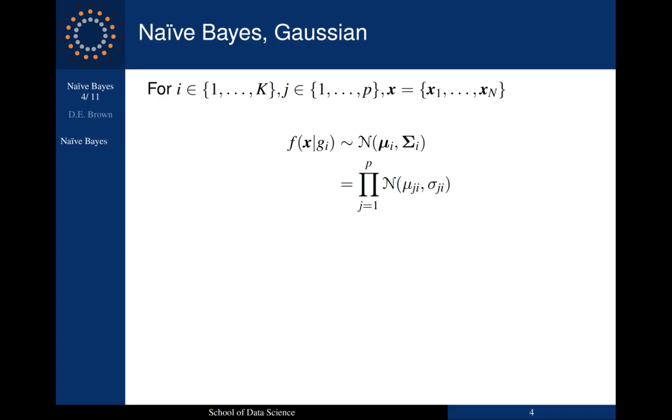If we assume that those have a Gaussian distribution, it looks like this. If we assume it's a multivariate Gaussian, then we have that variance-covariance matrix to estimate. But in a naive Bayes approach, we're going to assume that they're all univariate Gaussians, so we don't have to do that. So each one then represents its own little individual Gaussian.